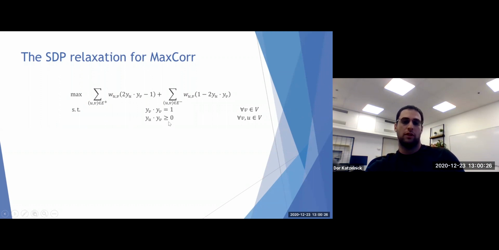Then the inner product is 0, and if you plug it in here, then you get -1 for a plus edge, or +1 for a minus edge. So this semi-definite program is indeed a relaxation for our problem. And you can see that this relaxation is also good for general graphs, not just bipartite graphs, but we're going to round it for bipartite graphs.